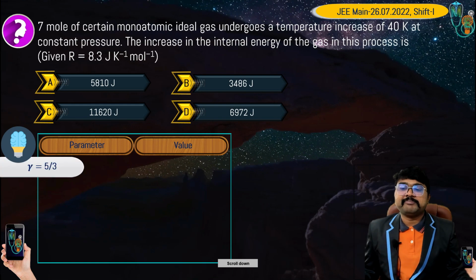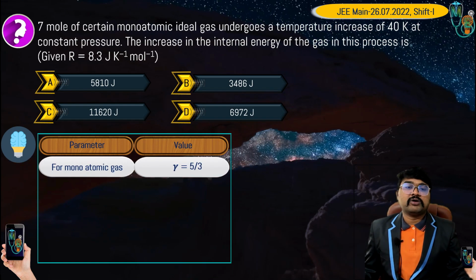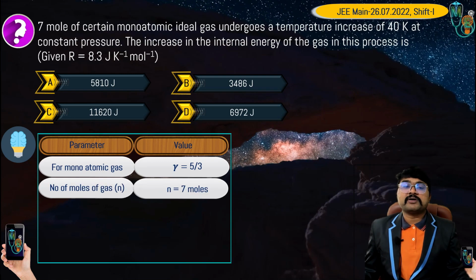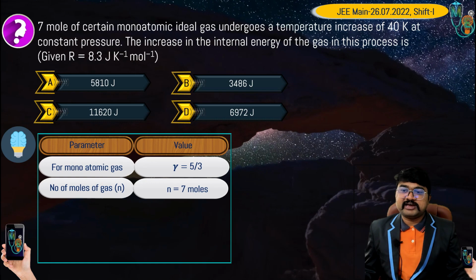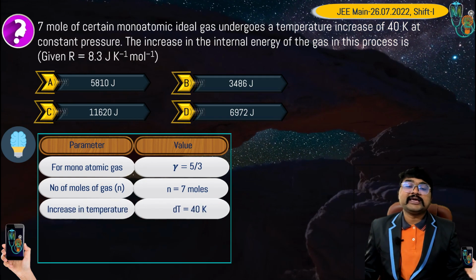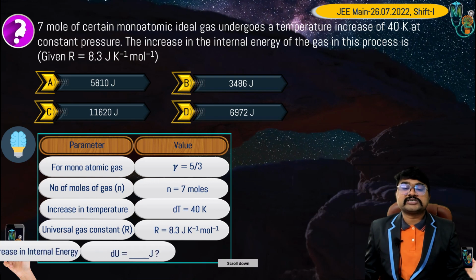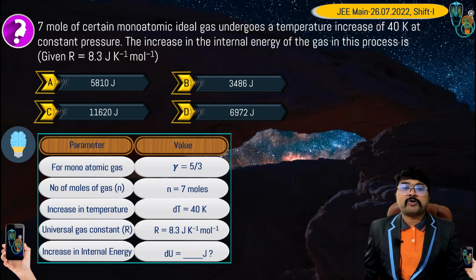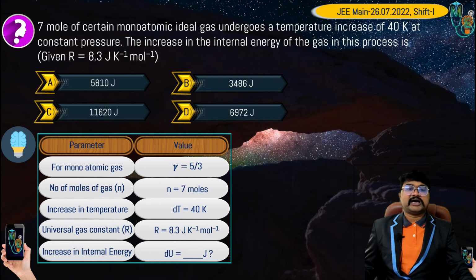Write down the given data. For monoatomic gas, gamma equal to 5 by 3. Number of moles is 7, increase in temperature is 40 Kelvin, and universal gas constant is 8.3 joule per mole Kelvin. They are asking the increase in internal energy.